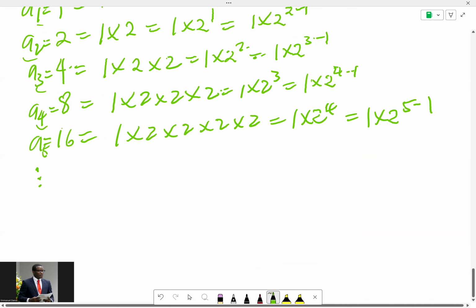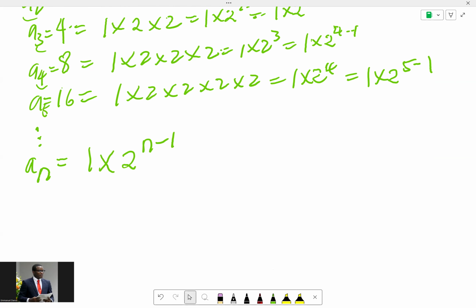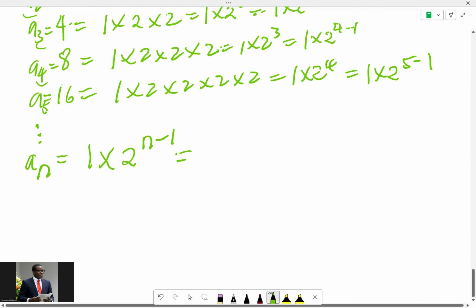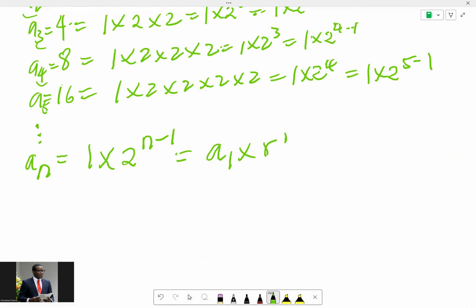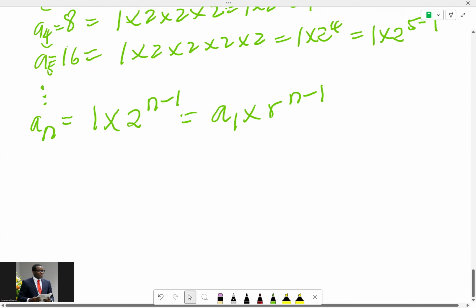If we take it all the way down to n, we are going to have the first term, and we have 1 times 2 raised to power n minus 1. That means this is the same thing as the first term, A1, times the common ratio R raised to n minus 1.